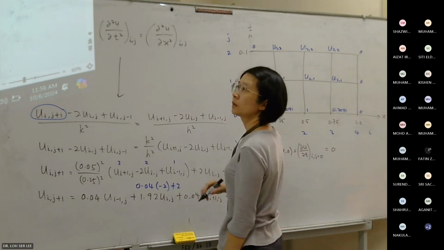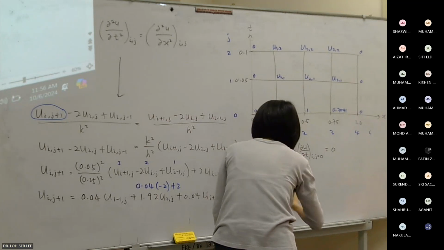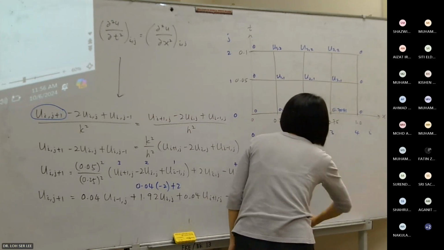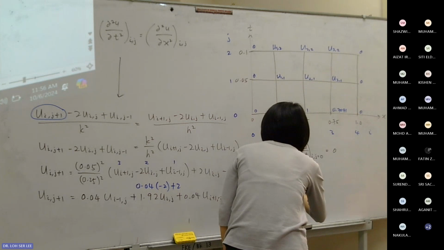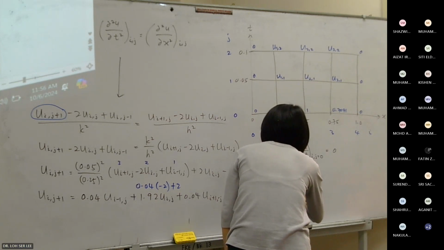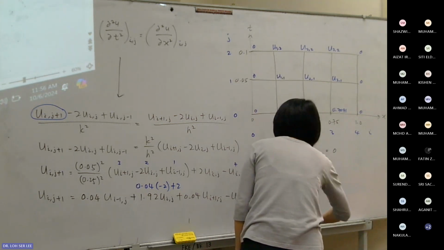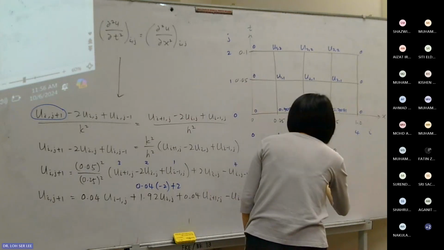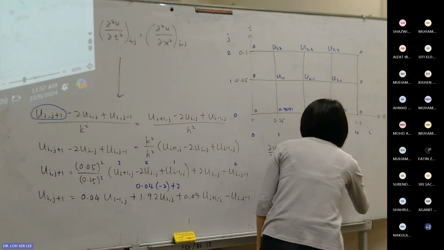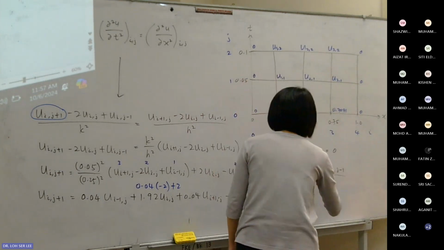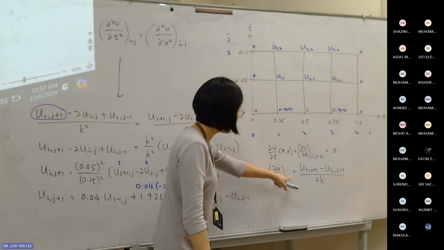So this one, del u del t at i j equals u i j plus 1 minus u i j minus 1 over 2k. So this is for del u del t at i j.